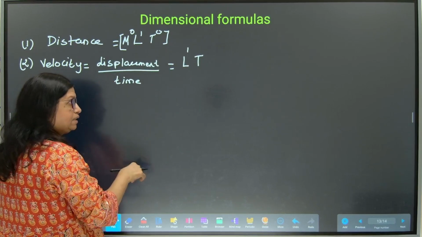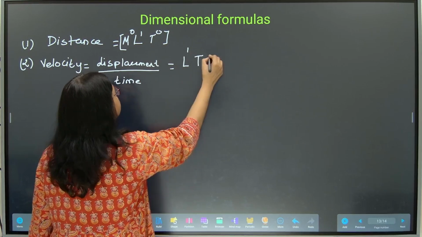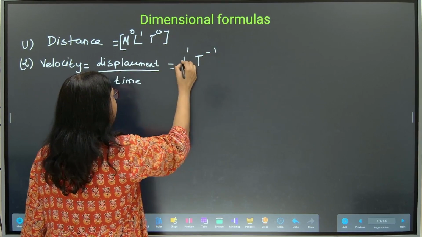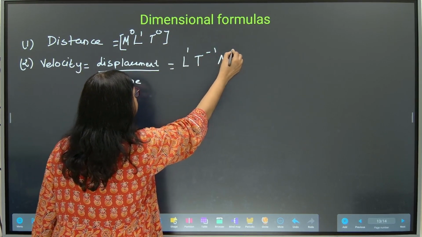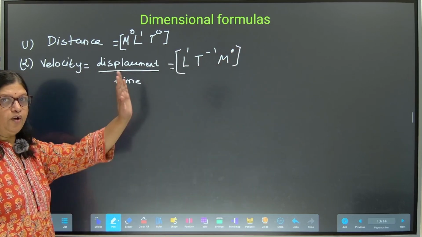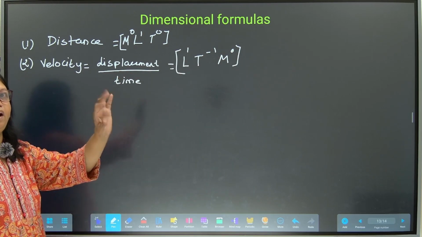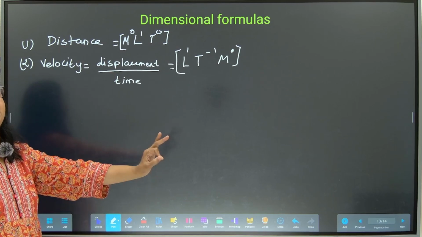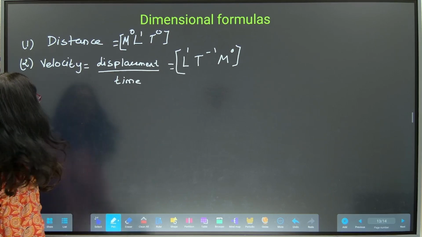Time T is in the denominator with 1 power, so T minus 1. And what about M? M is not there, so 0. Got it? Slowly you go. Don't worry. We will learn. But initially, you have to go slow.